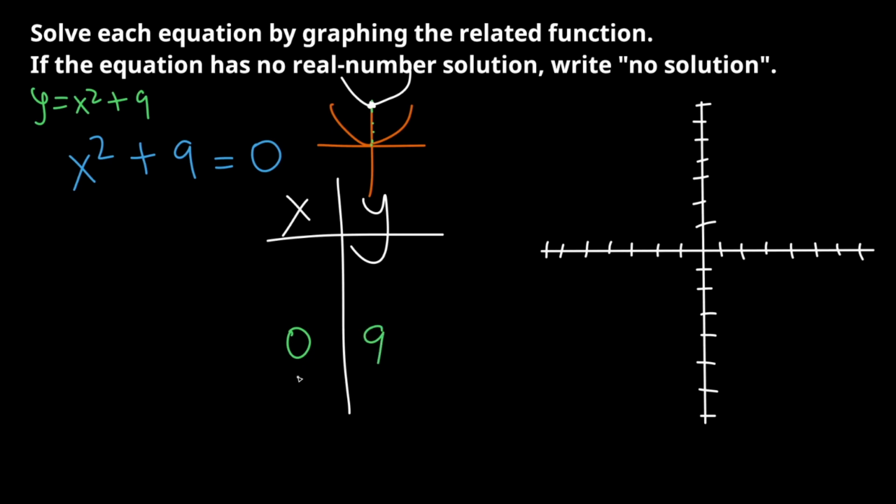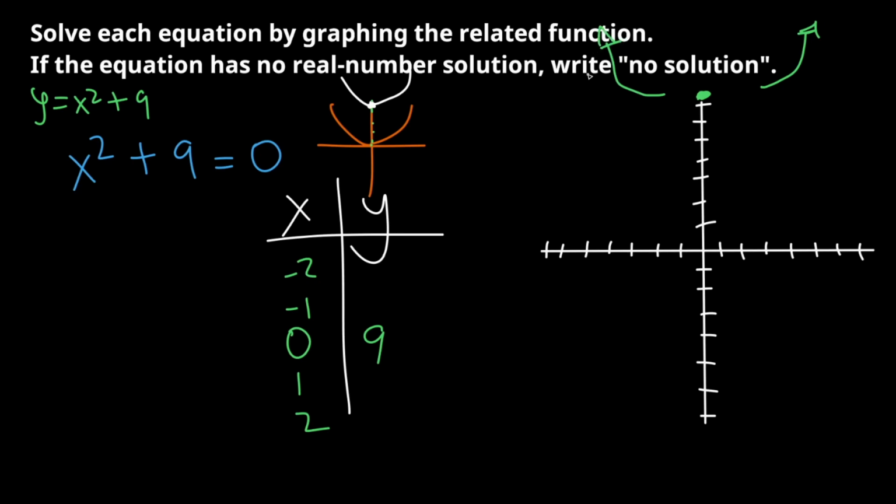Now I want to find out what the next value is. Because I know this is positive, it opens up. So that means I have my vertex at 0, 9, we'll just say it's way up here. And I know this graph opens up because it's positive. So it's going to do something like this.